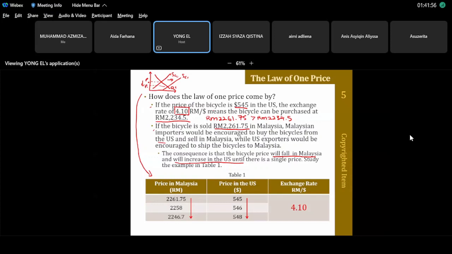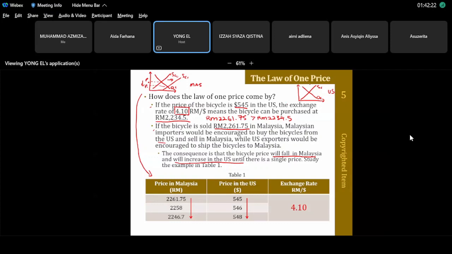The opposite happens in the United States. In the United States, because supply decreases, let me just plot here. This is the demand and supply for US. This is for Malaysia. Okay, B, C, this as C. When the US is attracted to increase supply in Malaysia, the supply in the US decreases.